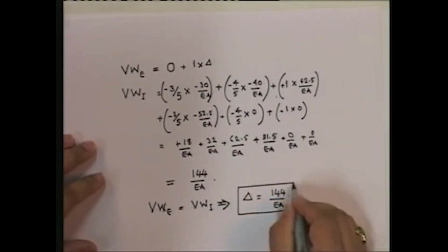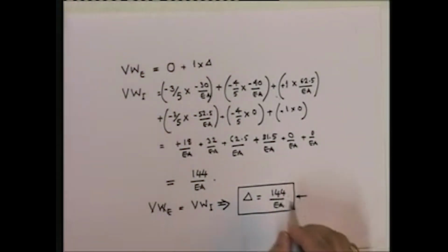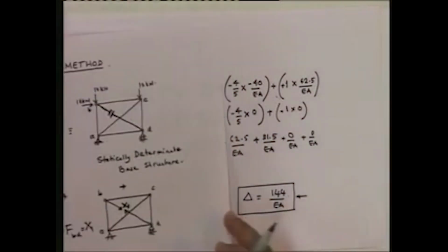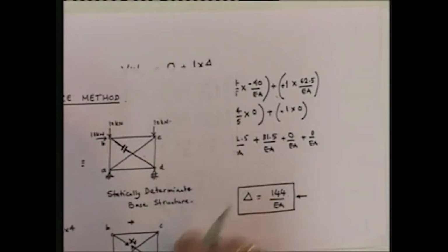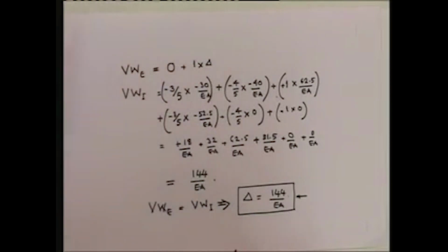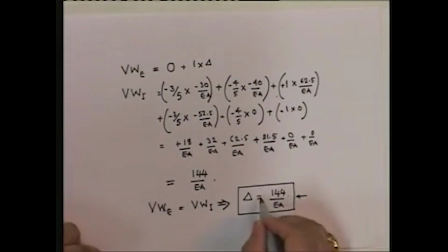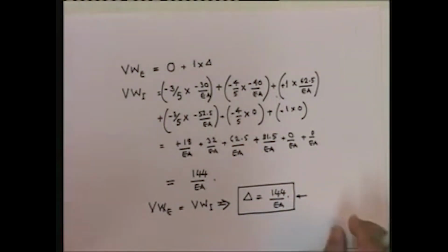So the overlap, note that since we've applied this force, what we are actually computing is the opening up of the system. And therefore the opening up is equal to 144 upon EA. So we found that out.